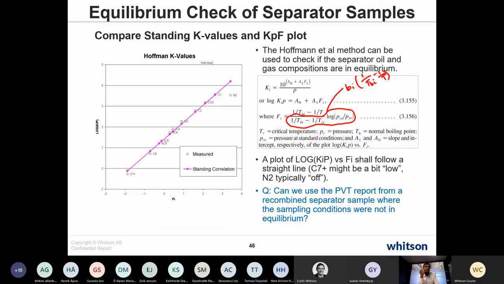Even though the separator samples were not in equilibrium, we know the lab has done a good job determining the well stream composition that should be present in the PVT cell for measuring the PVT data at reservoir conditions, like CCE, CVD, and DLE tests.